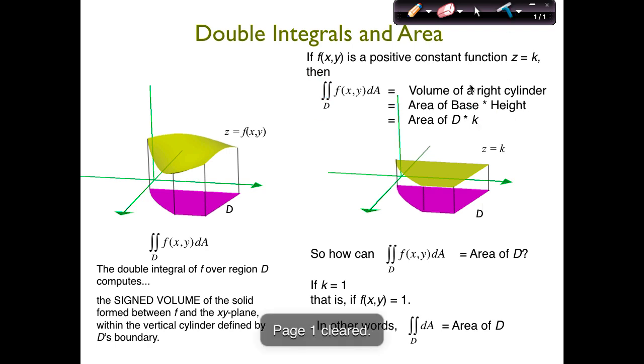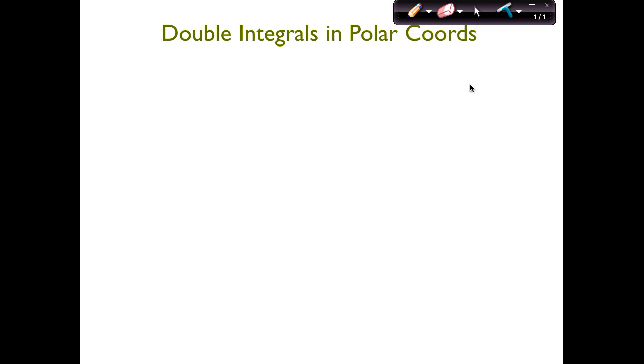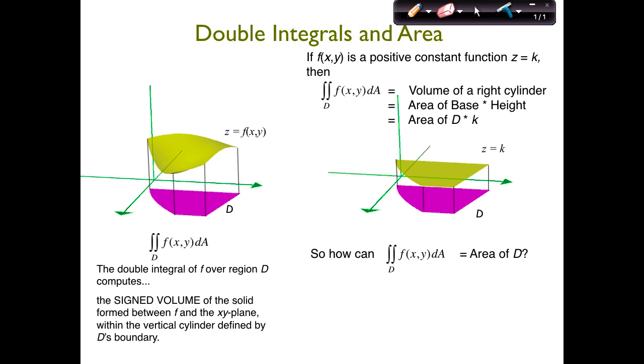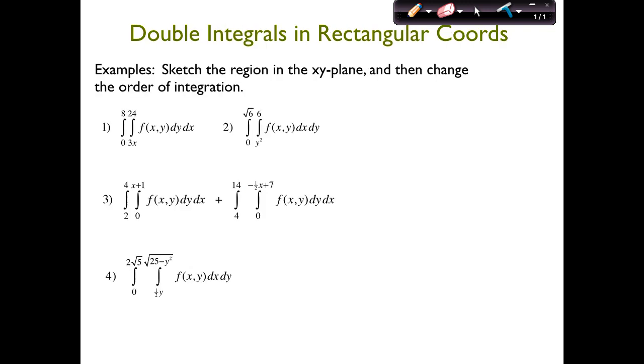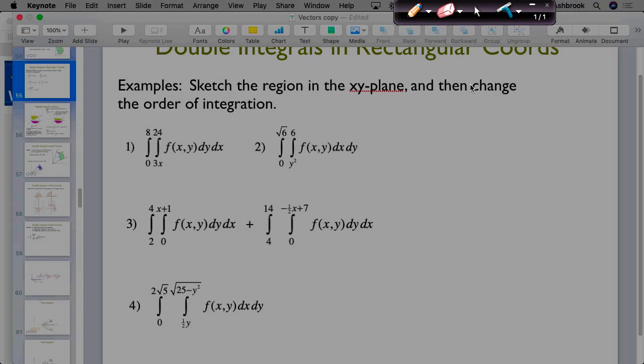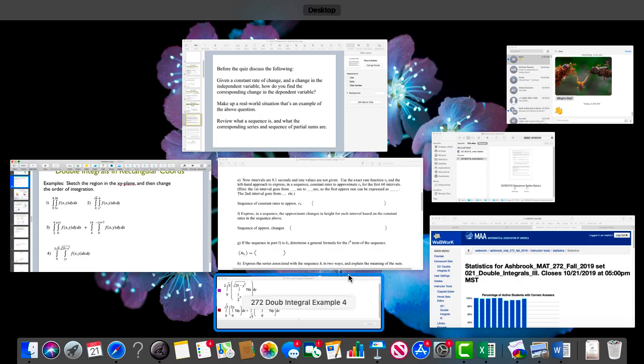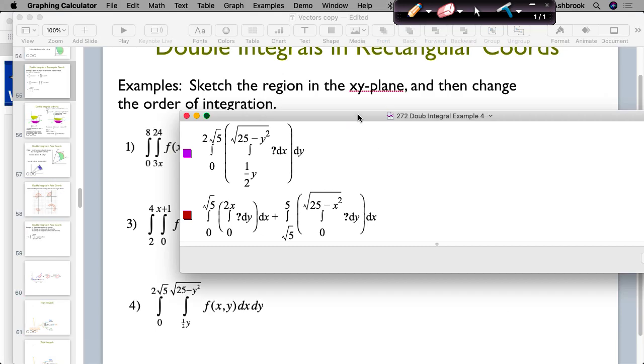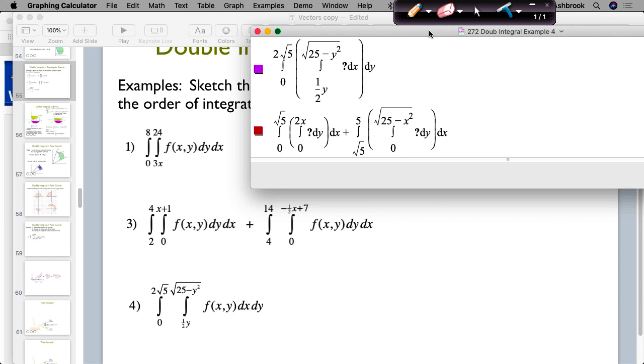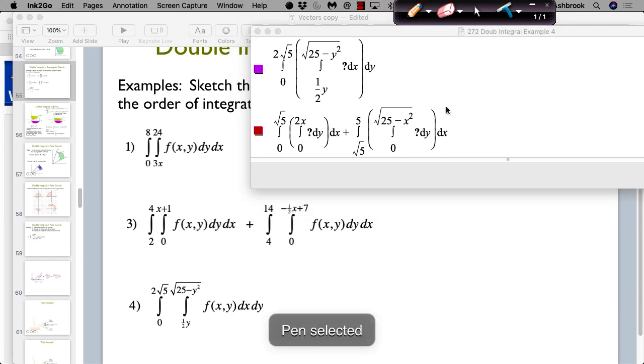Questions? Okay, so going back to our last example from last time. This one. We did this, and we got that. So first of all, how do we do this? We drew the region, right? These changing the limits of integration are geometry problems.